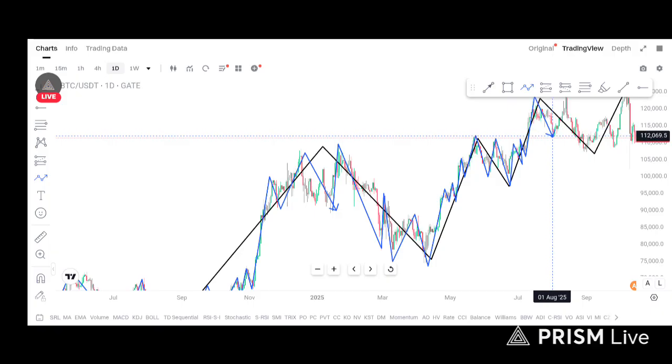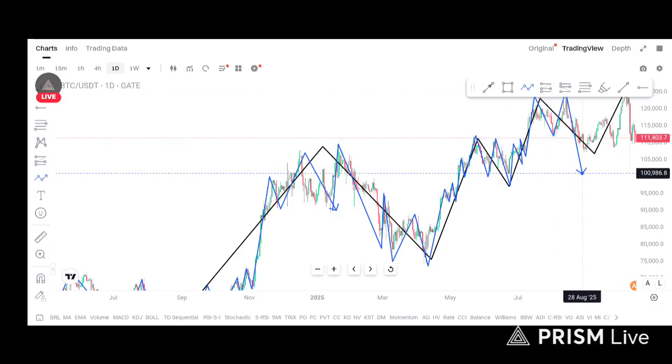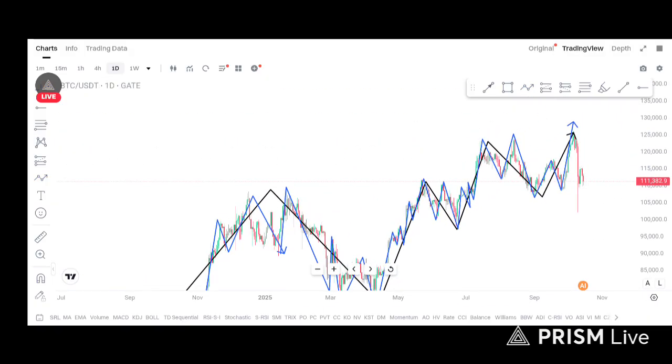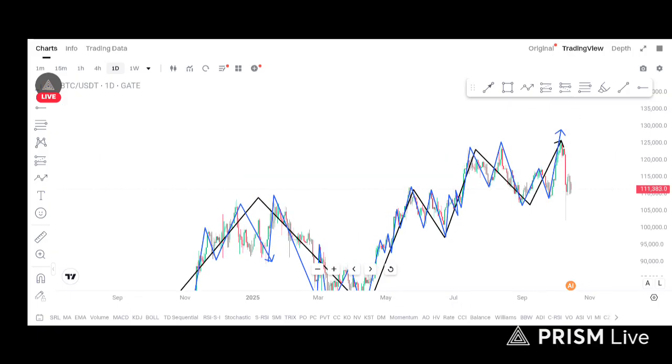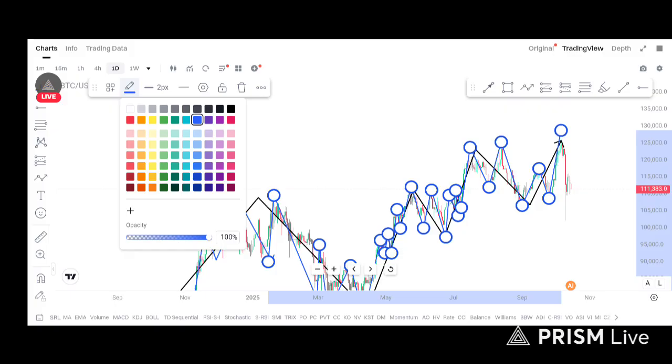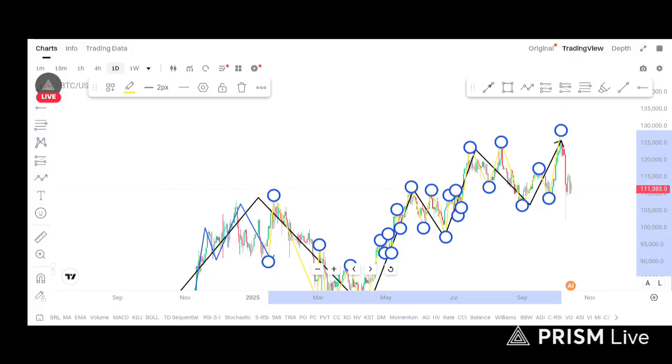It has started going to the downside. Whatever leg you are seeing there, when it was done with the pullback, it continued moving to the upside. I think this is not that clear. Let's use yellow.